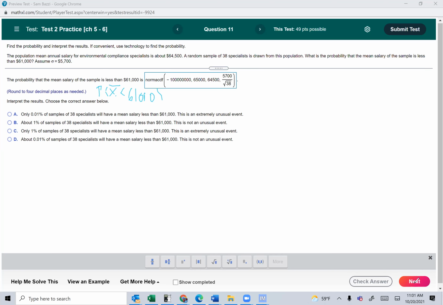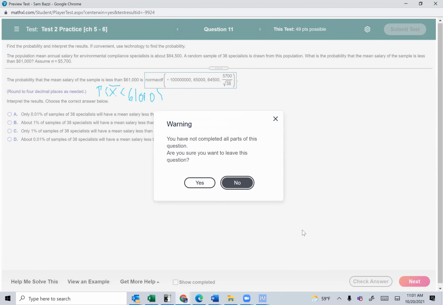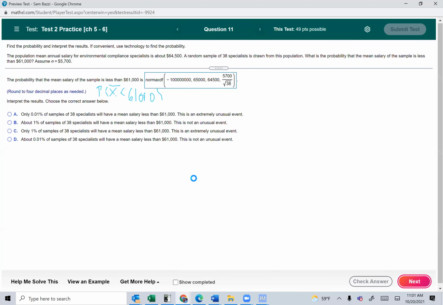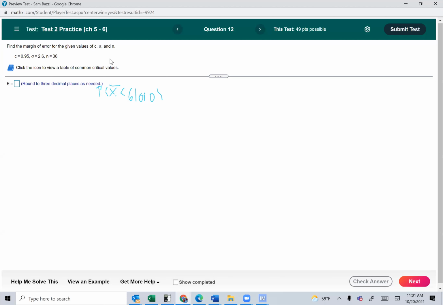Okay, so I'm going to move to the next question. Now we're in chapter 6. Find the margin of error for the given values. Okay, let's do this.